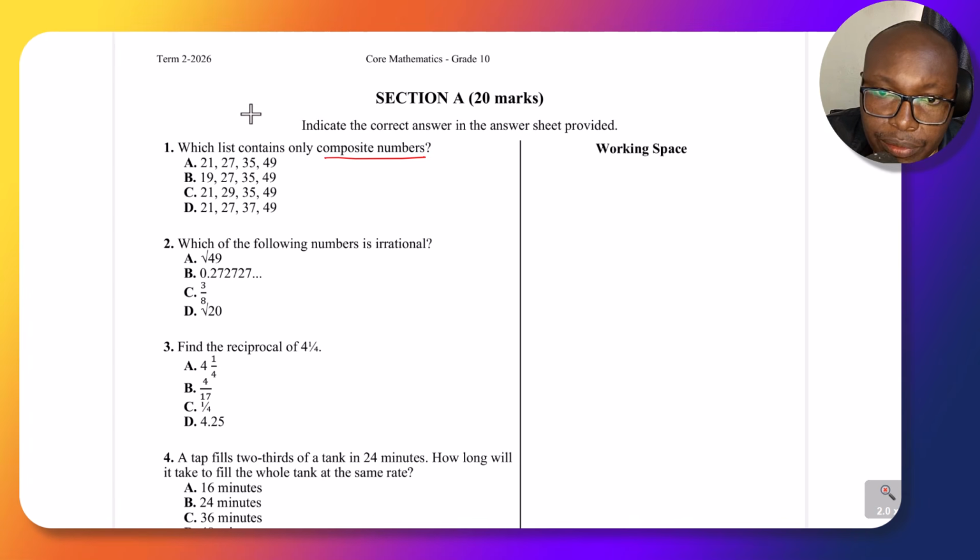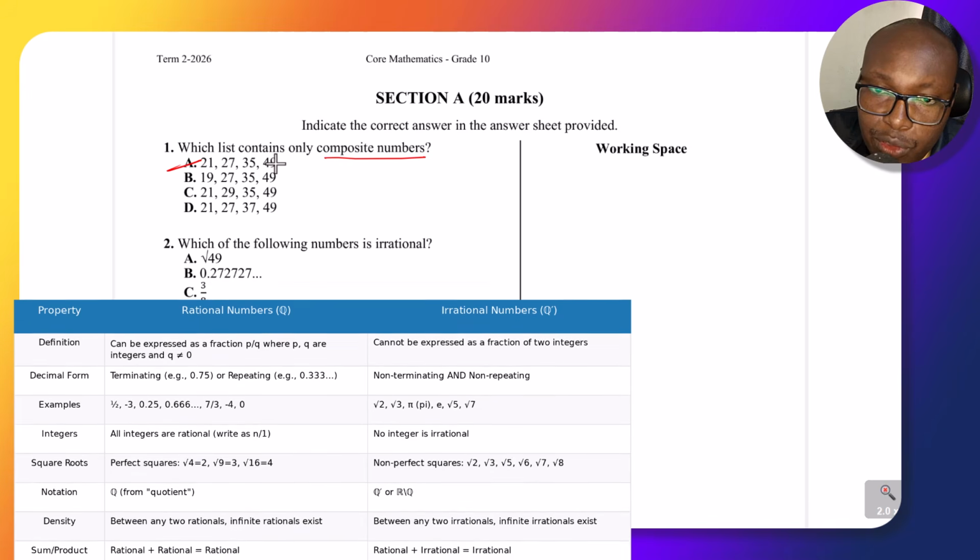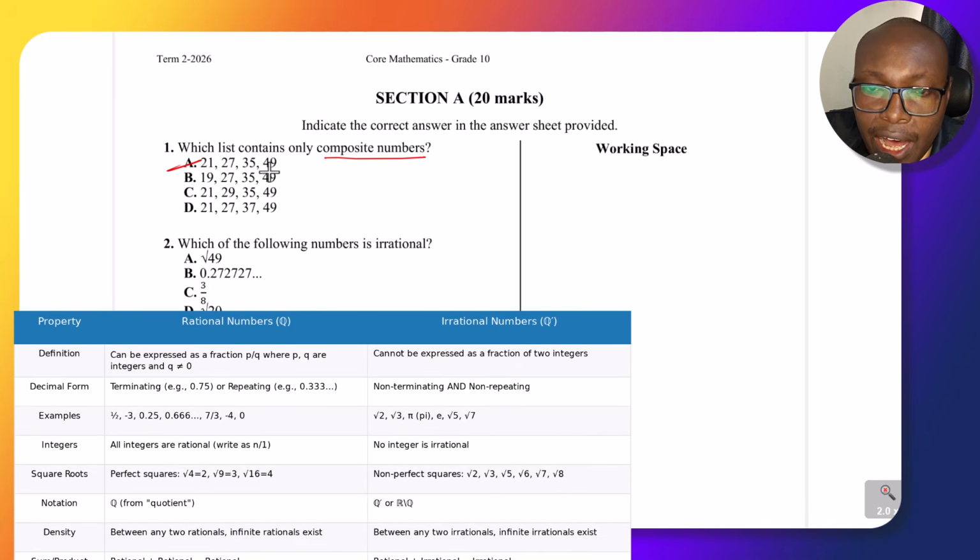Then for D, we also have 37. 37 is making everything again to be wrong. So the solution therefore is A. A is the correct one. 21, 27, 35 and 49, all those have other factors other than 1 and itself.